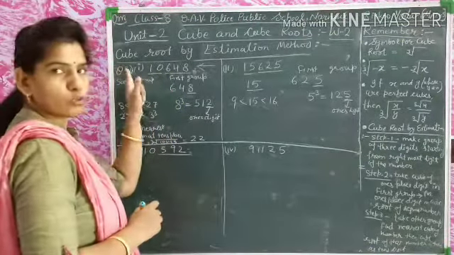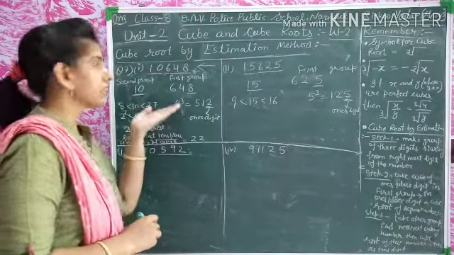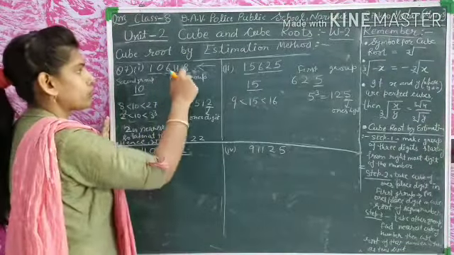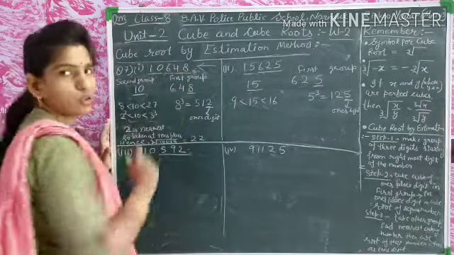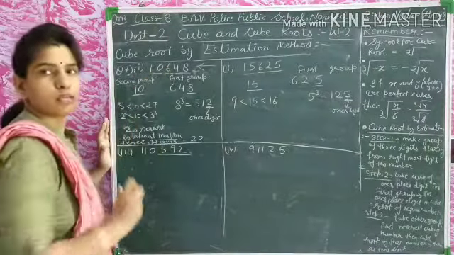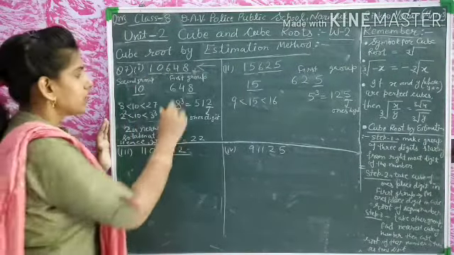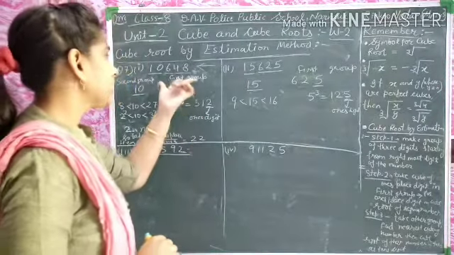We do it like this for the cube root of any number. So let's see here, 648 is the first group, and the second group is the remaining number, that is 10.